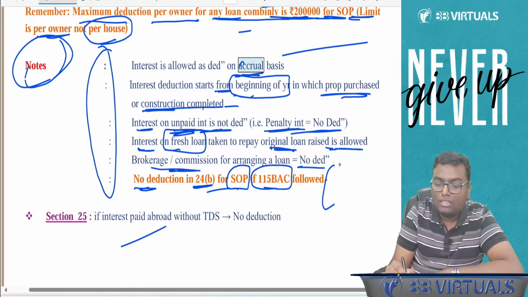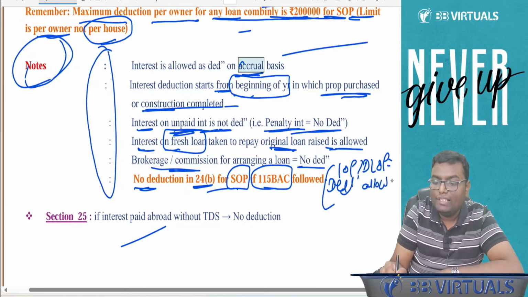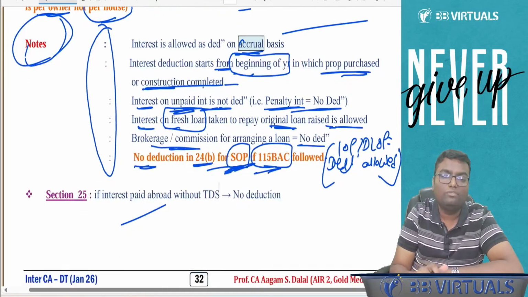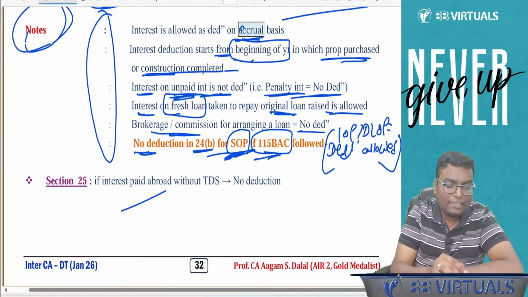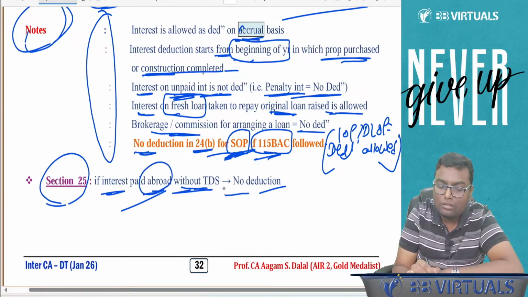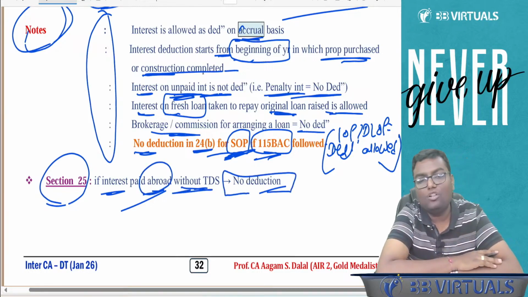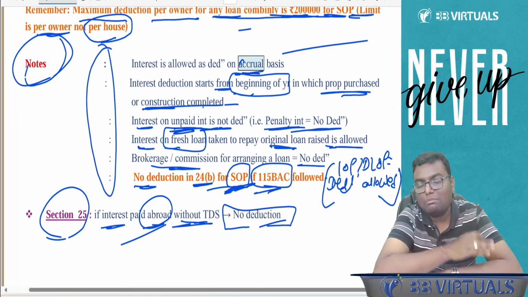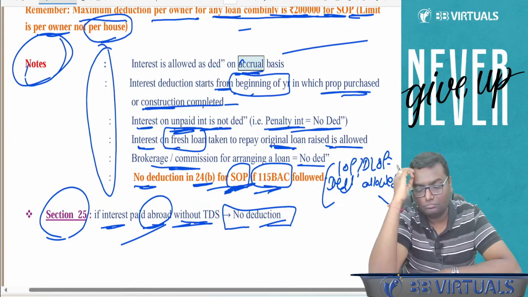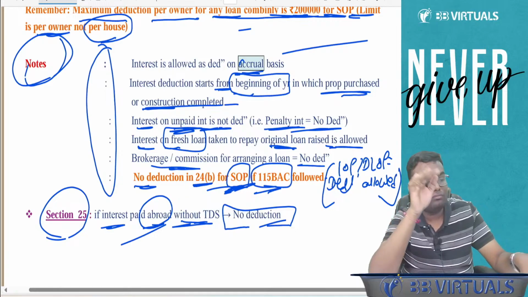Please remember, LOP, deemed LOP, deduction is allowed. Deduction is not allowed when your property is SOP and you are following 115 BAC. Last, section 25, if interest paid abroad without TDS, no deduction at all. You will not get deduction of that interest. Just refer this points once, then we'll do some examples. Just refer it once. All the points are important.